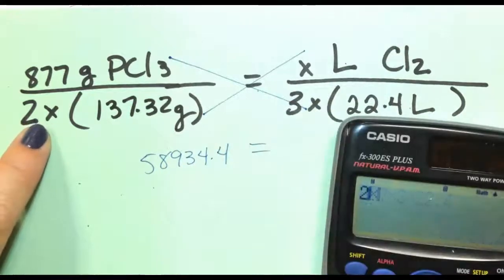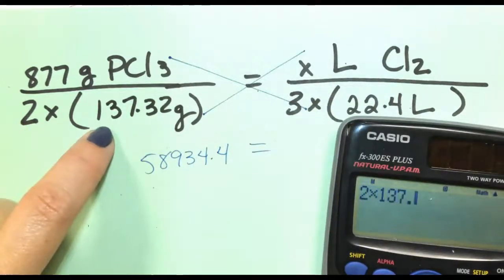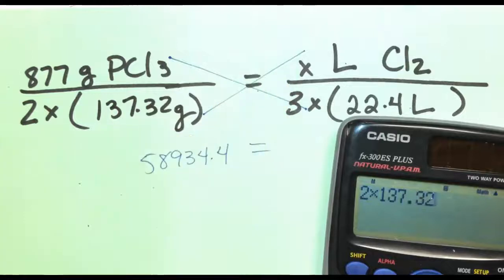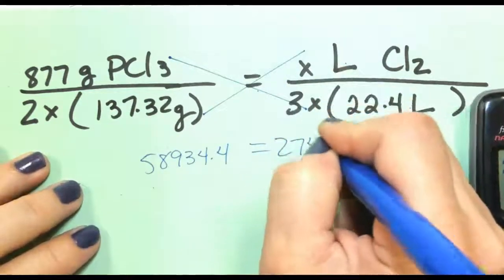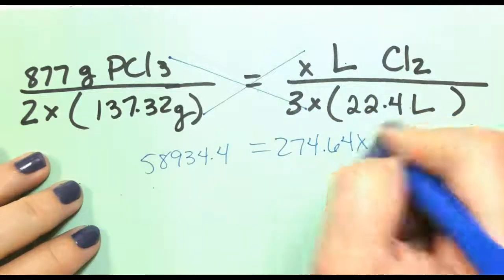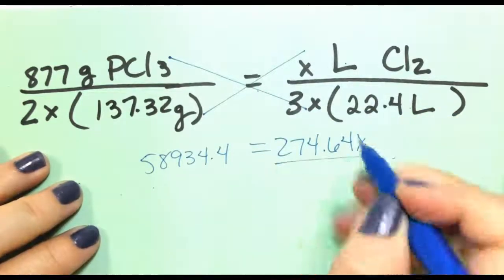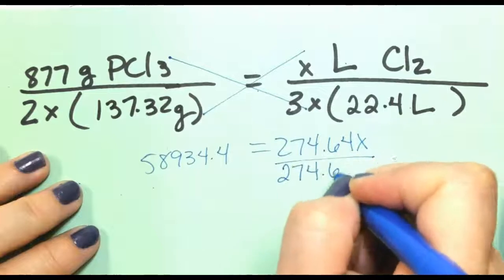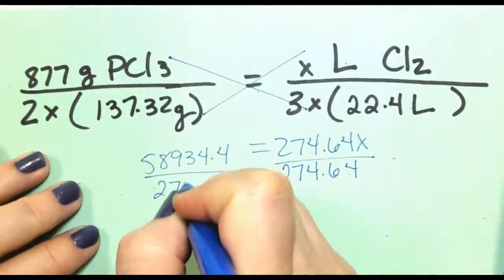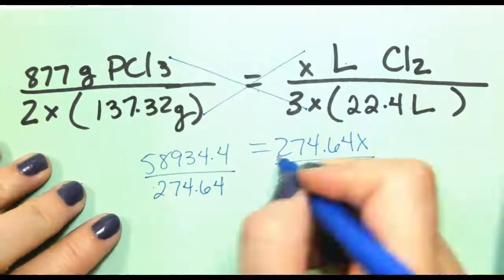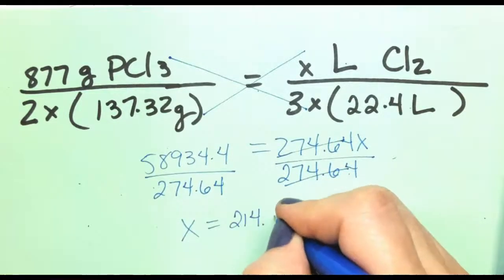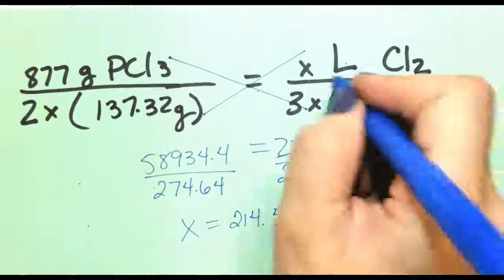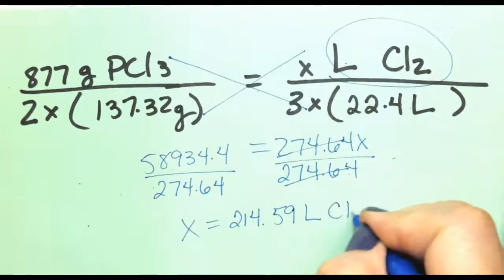So we're going to do 2 times 137.32 times 1x is going to give me 274.64x. And now to solve for x, I'm going to divide both sides by 274.64. And this is going to cancel. x is going to be equal to 214.59. And remember that is liters of chlorine.